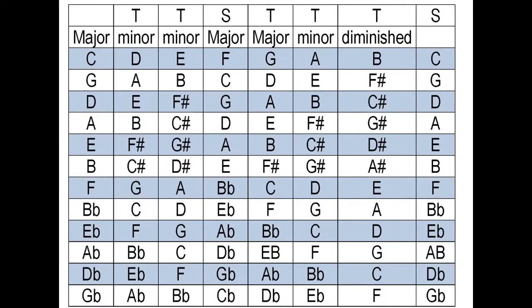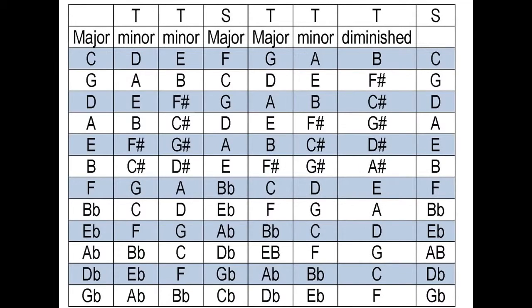Now, let's just say you want to figure out what key your song is in. You have no idea. You've always played these chords, but you don't know what key it's in. So, first of all, just think of the chords that are in your song. Let's just say your song has a G, C, and a D, right? Look across your second row. Find the three majors.